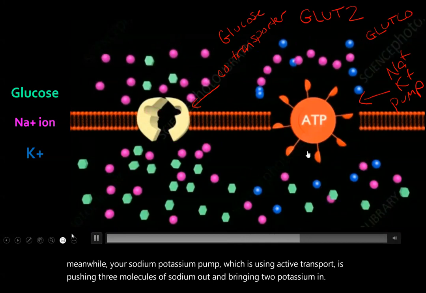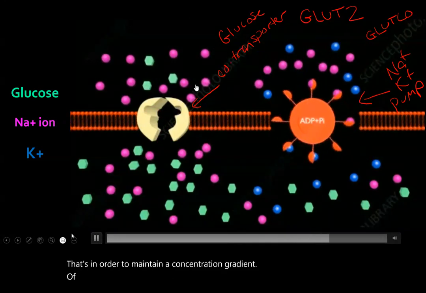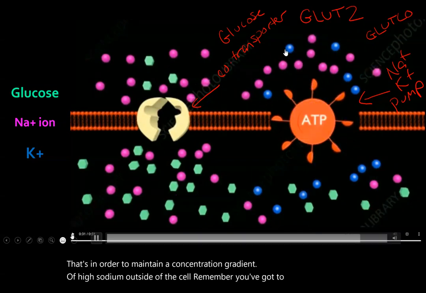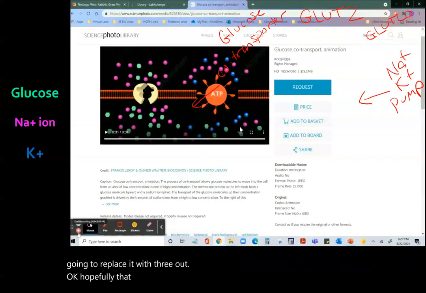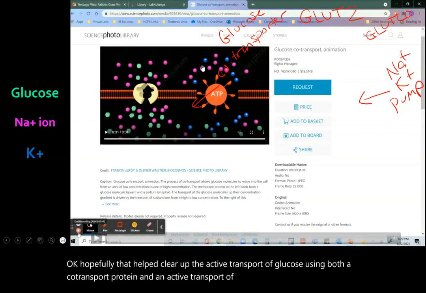That's in order to maintain a concentration gradient of high sodium outside of the cell. Remember, you've got 2 coming in, so we're going to replace it with 3 out. Okay. Hopefully that helped clear up the active transport of glucose using both a co-transport protein and an active transport of sodium and potassium.